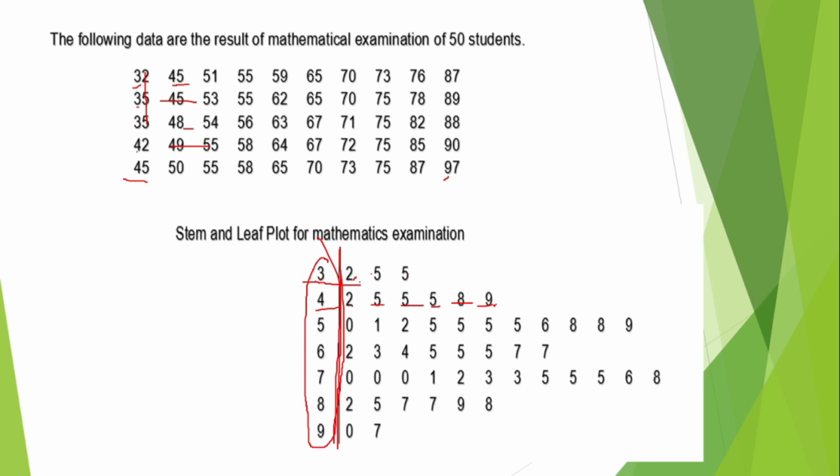That is the stem and leaf plot for the mathematics examination. This is our stem, and this is our leaf, the ones digit. That is what the stem and leaf plot chart means.